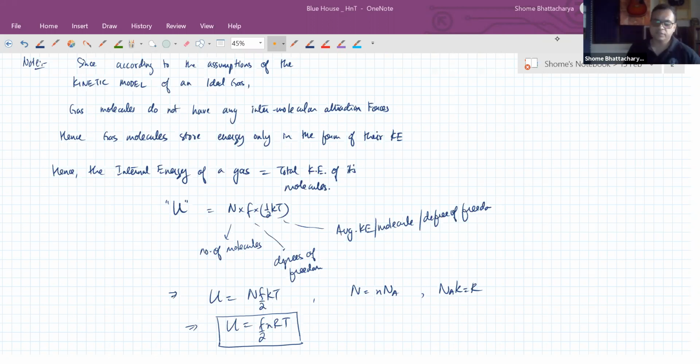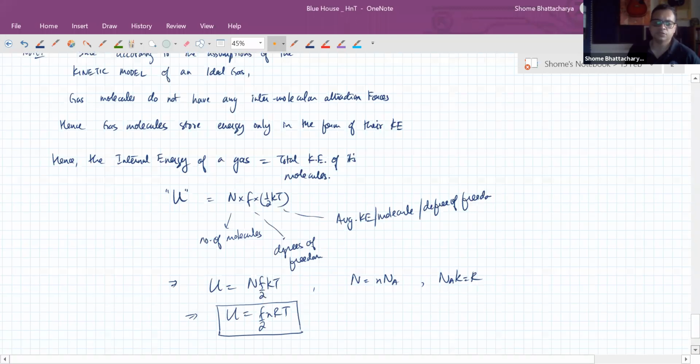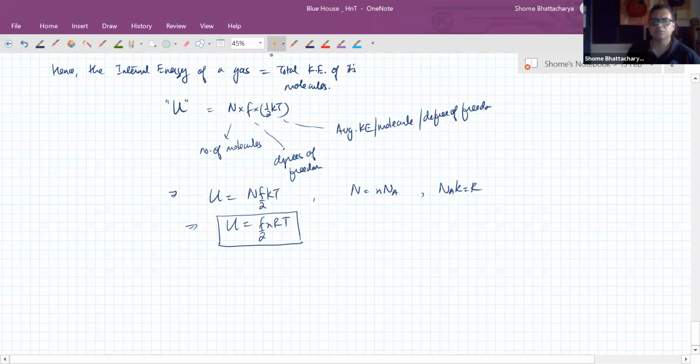Yeah, you will be learning about degrees of freedom in chemistry, and also in thermodynamics, where you learn a little bit more in detail about polyatomic molecules. But for physics, the two standard cases of monoatomic and diatomic are okay. You just need to remember those. So F is equal to 3 for monoatomic gases.